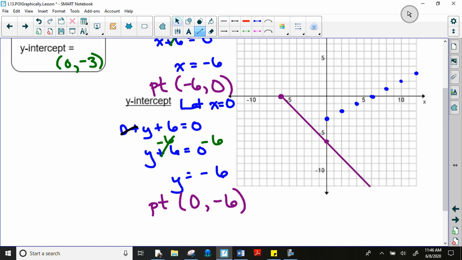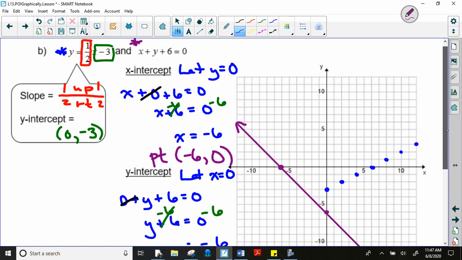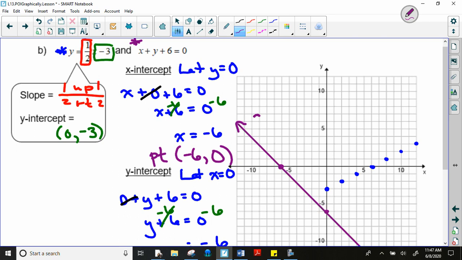And then I'll extend it a little bit this way. Make sure it's going through those 2 points nicely. I'm going to add my arrows because I want full marks. And I'm going to give it the equation that it has because I want full marks. And this is x plus y plus 6 equals 0.